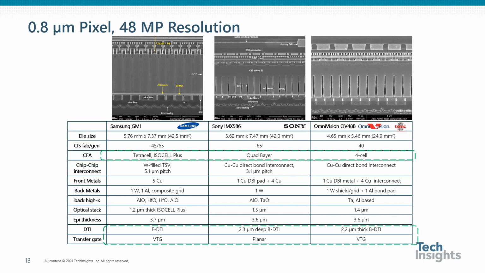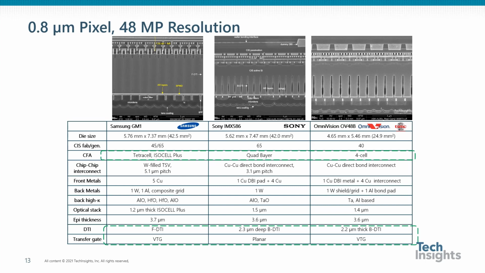In terms of the epi thickness, we see that OmniVision has moved from 3 to 3.6 microns. So this is comparable now to Samsung's and Sony's epi thickness. And in terms of DTI, we see that OmniVision has also moved up from the 1.4 micron partial DTI to 2.2 micron partial DTI.